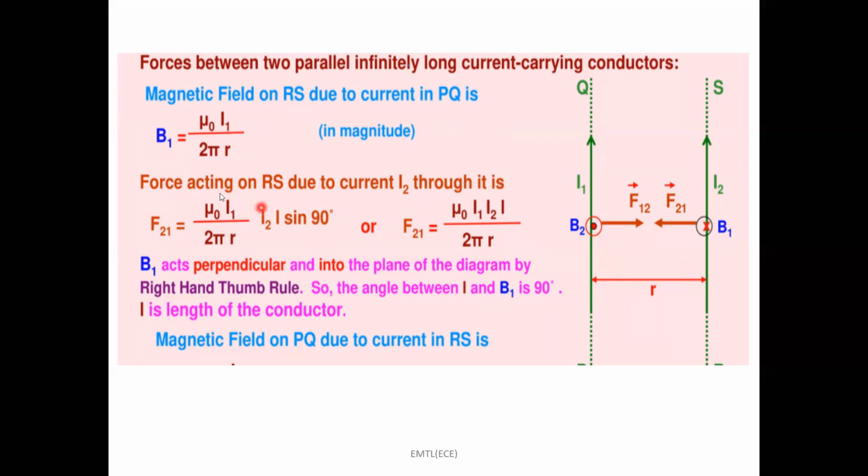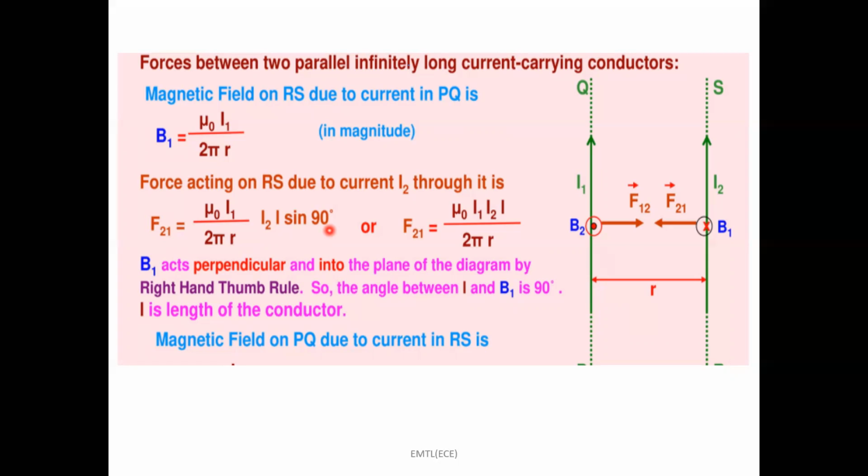So now the force acting on RS. The force acting on RS due to I2 through it is expressed as F21 is equal to mu naught I1 by 2 pi R into I2 L sin 90.